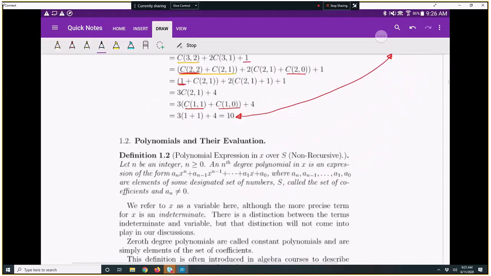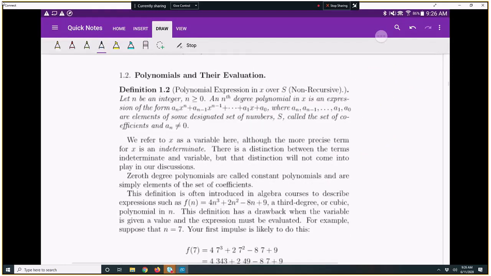Okay. Another thing that we can define recursively are polynomials. So let's first start with our usual definition of a polynomial that we know from algebra.